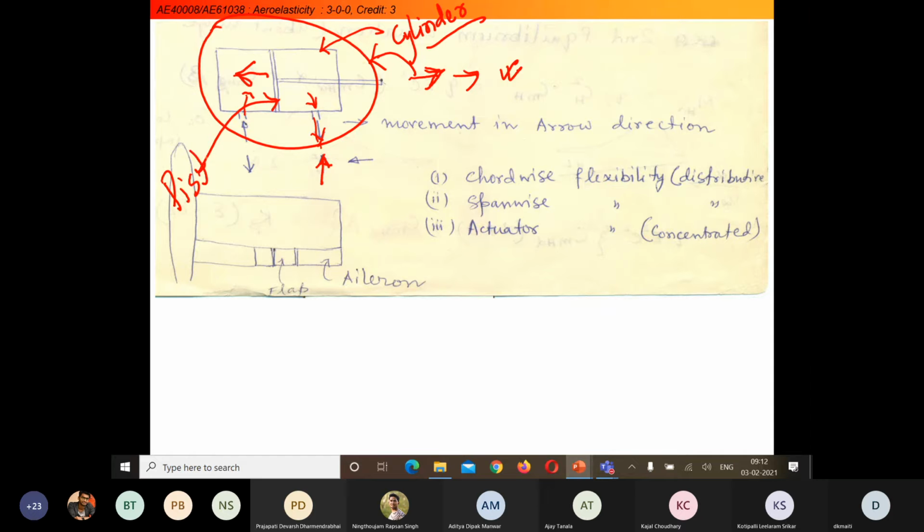Depending on the piston motion, we can have the control surface deflection as upward or downward. Is it okay?